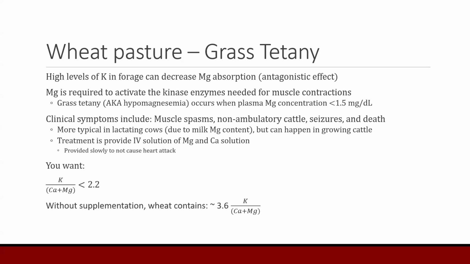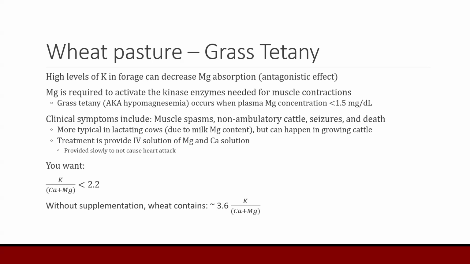So grass tetany, also known as hypomagnesemia. So hypo meaning what? Low, right? So low blood magnesium. So grass tetany occurs when plasma magnesium concentration is less than 1.5 milligrams per deciliter. Okay?